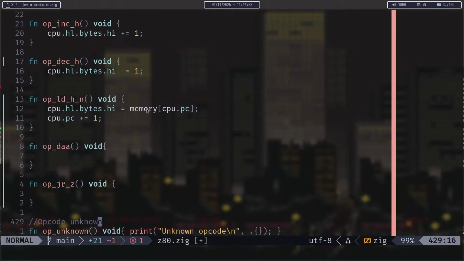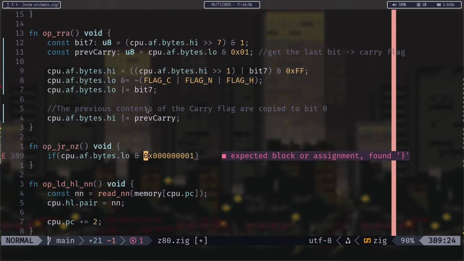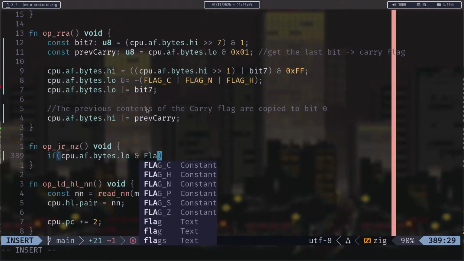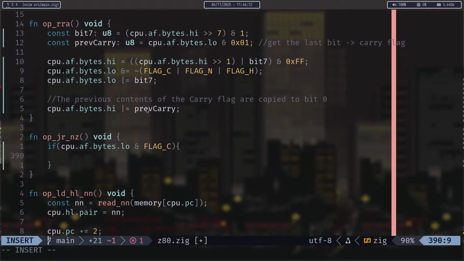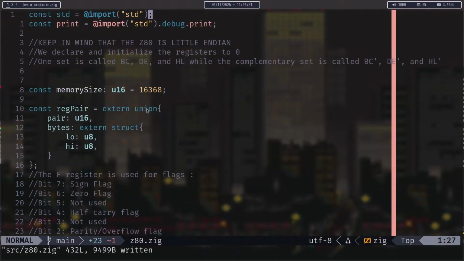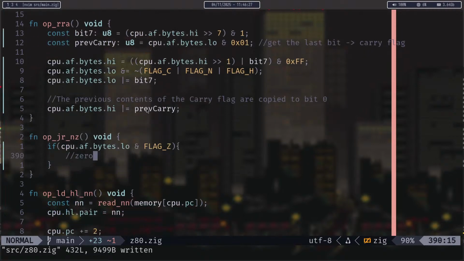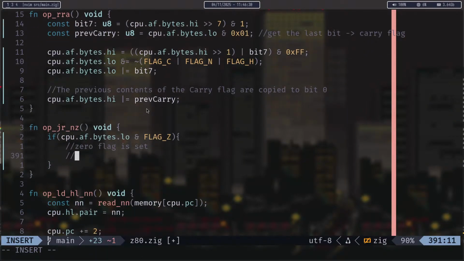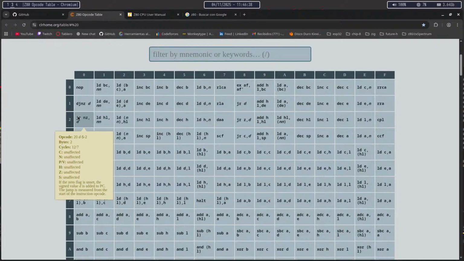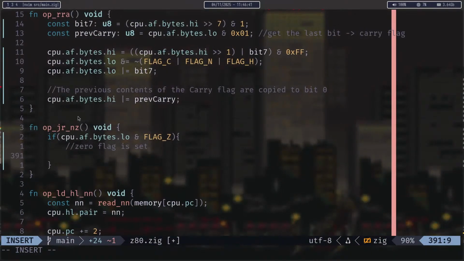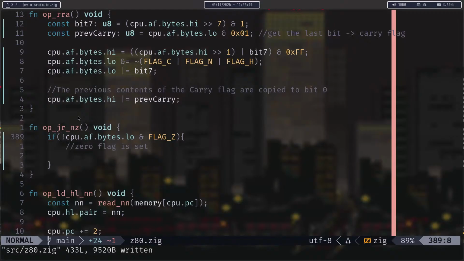I mean, I could set it with this, so I could do flag C, then sorry, 0. No, actually, flag. Which is which? Okay, sure thing. Zero flag is set, which means that I have to jump a certain amount. Actually, no, this is if it's not set.